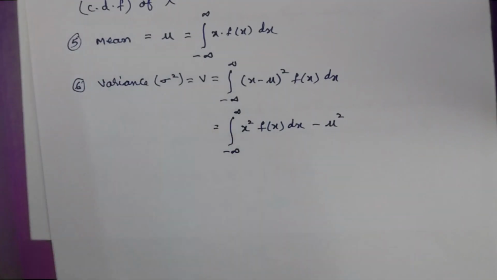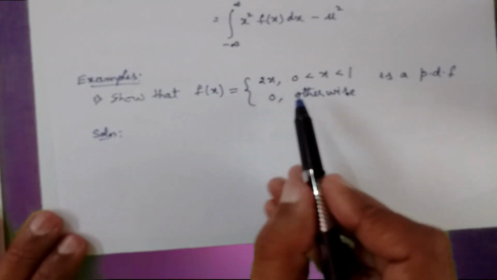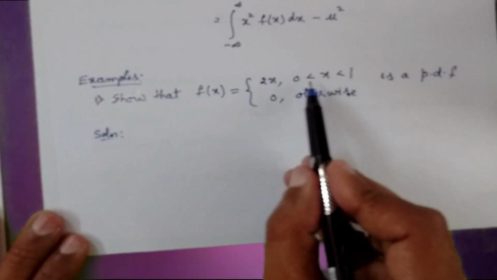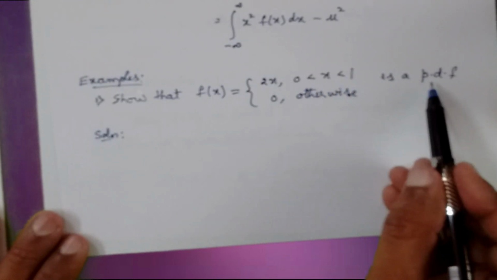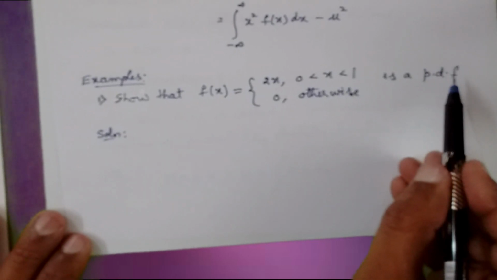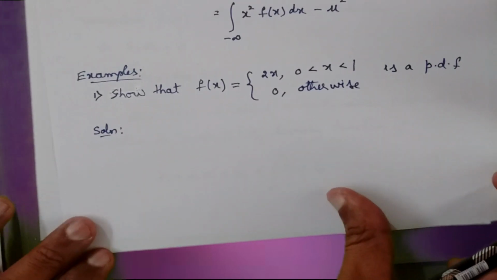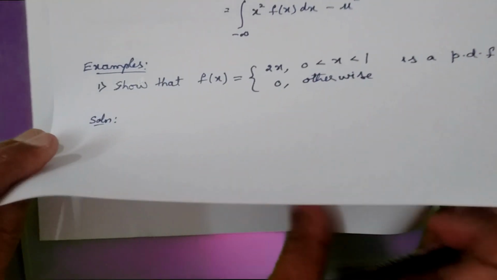Let us try to take a few examples based on this continuous probability distribution. Let us take the first question. Show that f of x is equal to 2x when the value of x lies between 0 and 1 and it is equal to 0 otherwise is a PDF. That means we have to show it is a probability density function. As I told you earlier, for a probability density function, two conditions have to be satisfied.